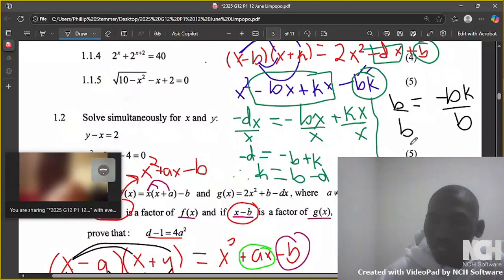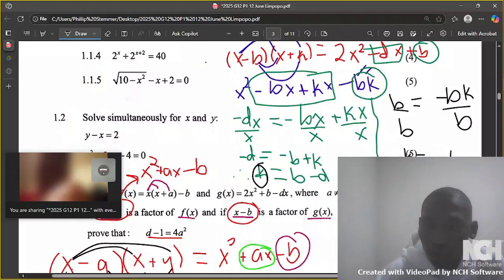Therefore 1 is equal to negative k. Therefore, k is equal to negative 1. So we can eventually take negative 1 for k.